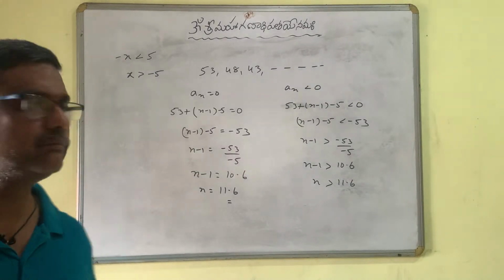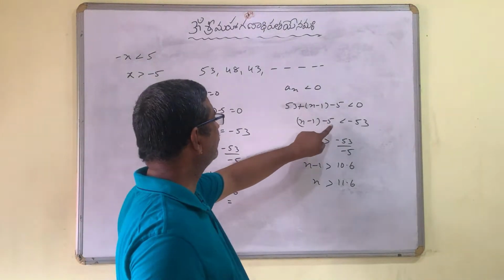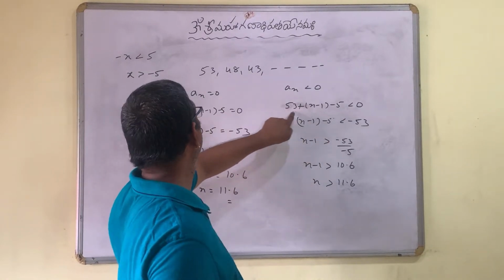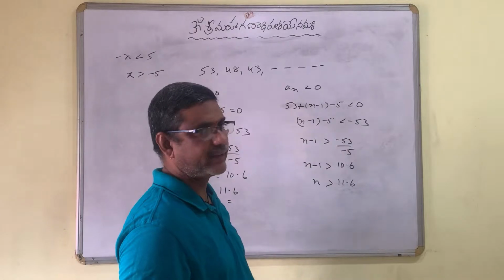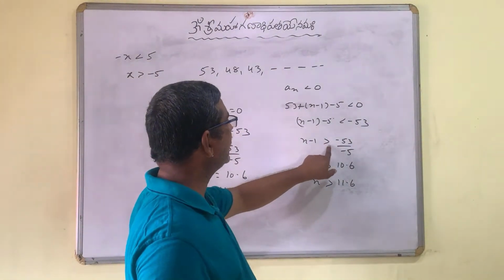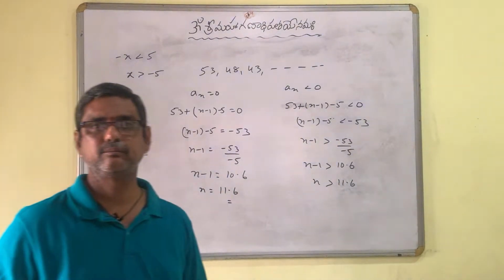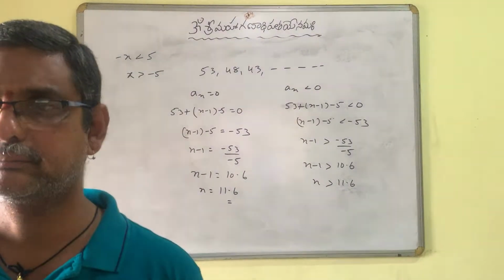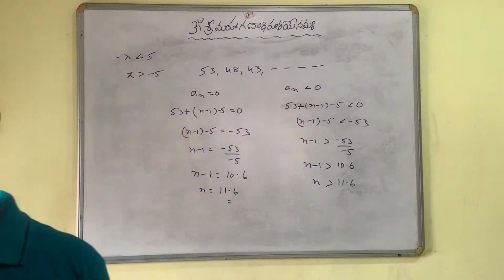Same, this is negative x: negative x is less than negative 53, then x is greater than... is that right? That was used over there.